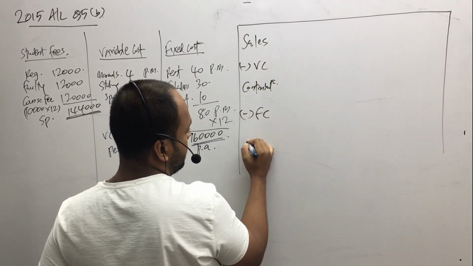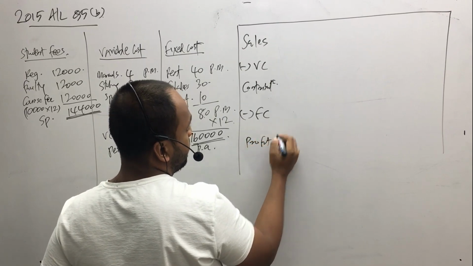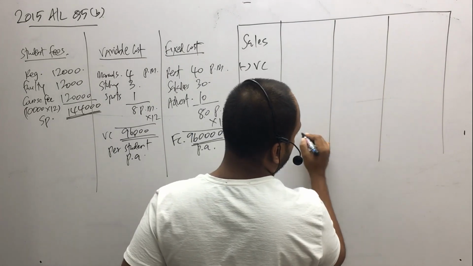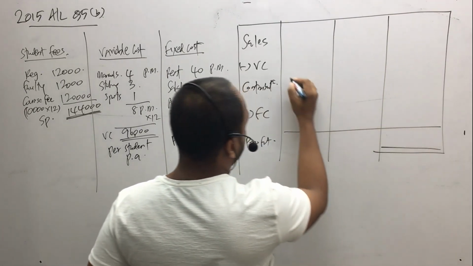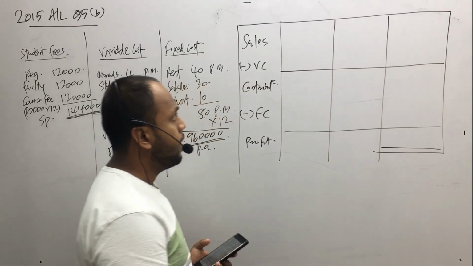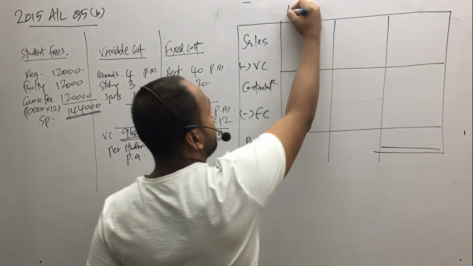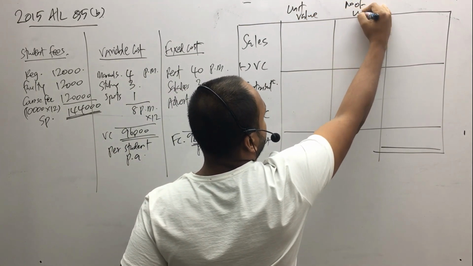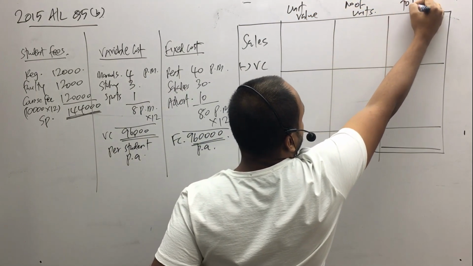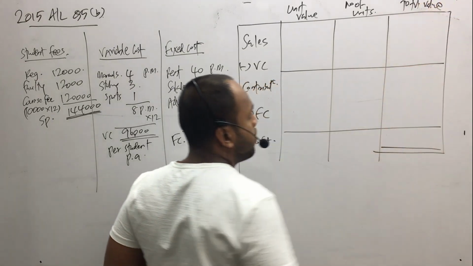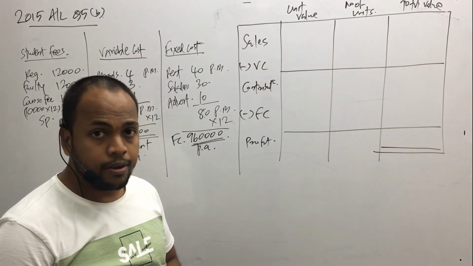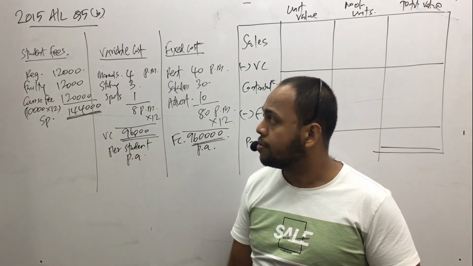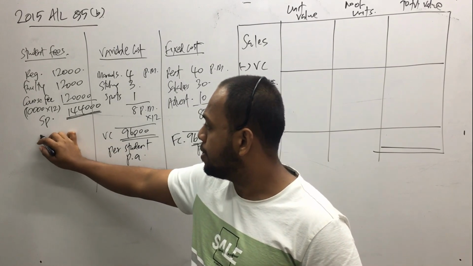minus fixed cost is the profit. Okay, here we have unit value, number of units, total value. So we have calculated the sales price per unit.